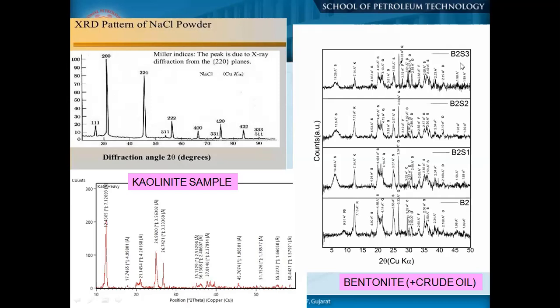S1, S2, S3 are three different crude oils. We kept the bentonite for 2 months with different crude oils, having characterized the crude oils earlier. Then we washed the clay, and after 2 months of wetting we saw a certain difference in specific parameters in the bentonite clay. We specifically characterized how much the d-spacing has increased and what materials are present.